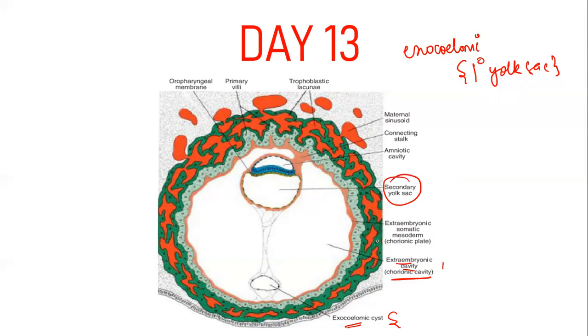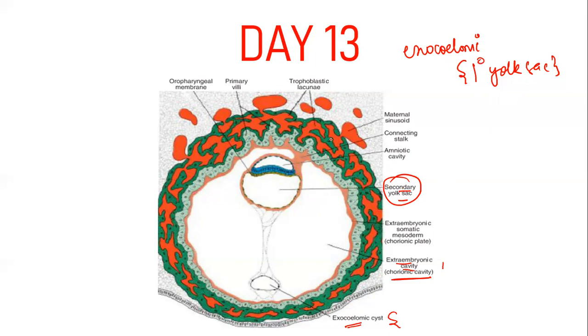Right, it is again a change. There is some degeneration of the exocelomic cavity, and again the hypoblast is going to give rise to a new set of cells. But this time the exocelomic cavity is very small, and hence I call it a secondary yolk sac.